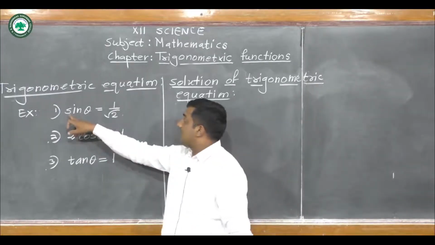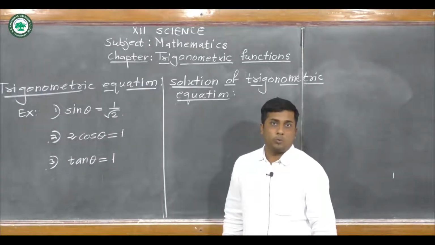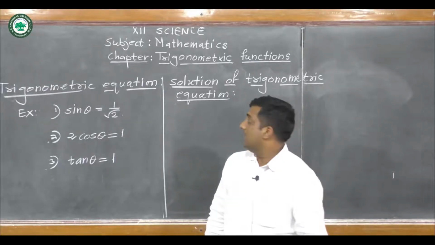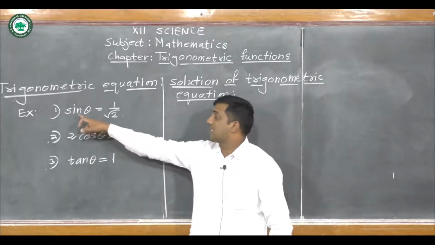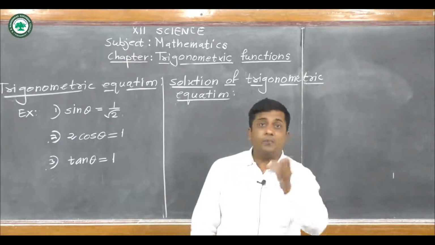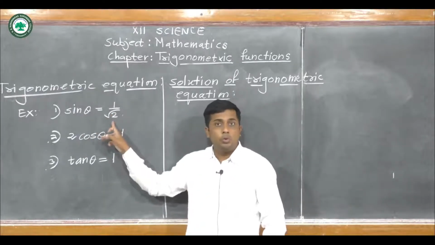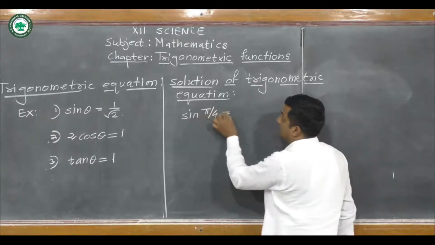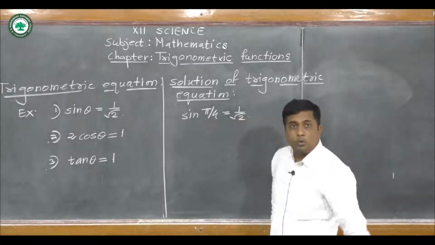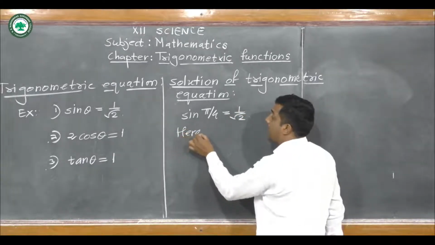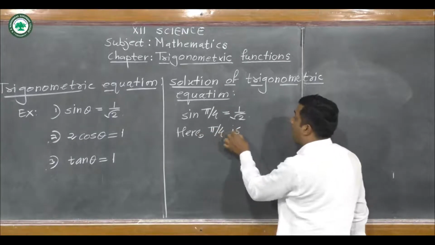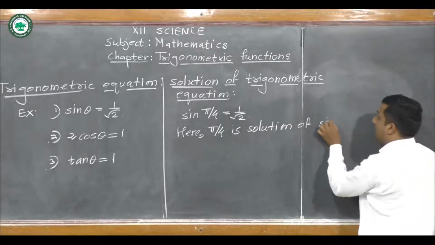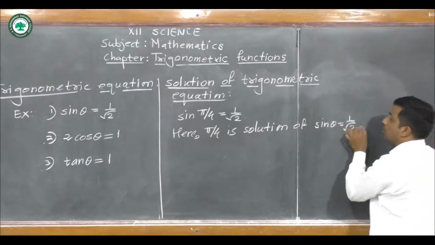The first is sine theta is equal to 1 upon root 2. We have to find the solution of this trigonometric equation. Everyone knows sine pi by 4, that is sine 45 degrees, is 1 upon root 2. So sine pi by 4 is equal to 1 upon root 2, so pi by 4 is a solution of sine theta is equal to 1 upon root 2.